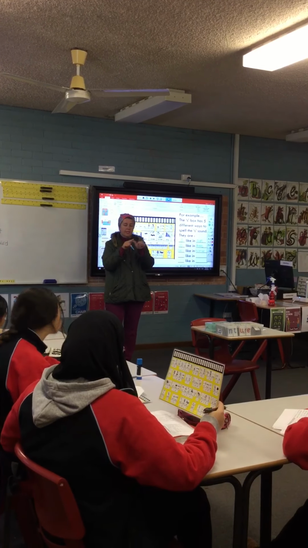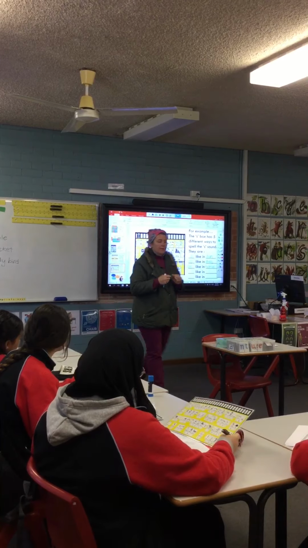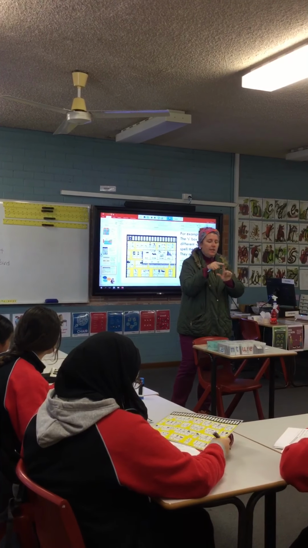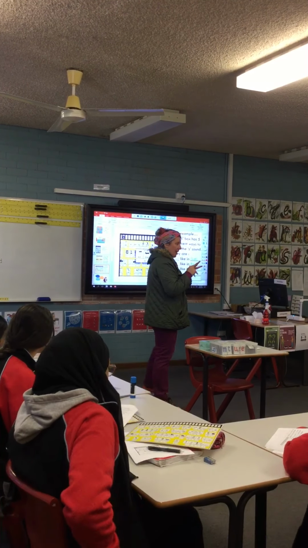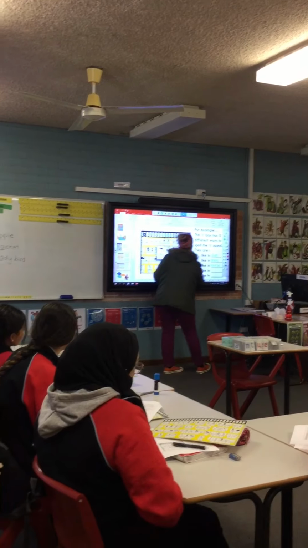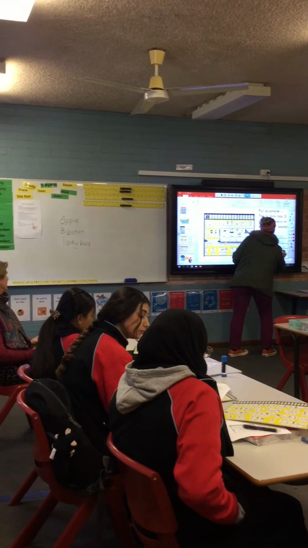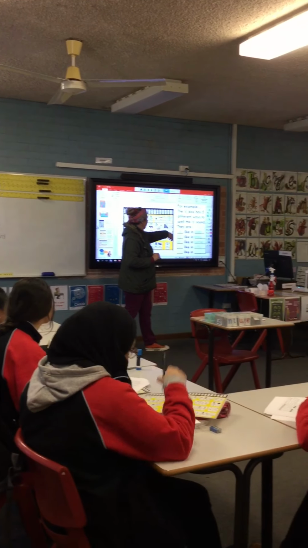City. We've got four different sounds for city. How do I spell this in city? Have a look at the chart. C, like in city. And ice, which is blocked out there.